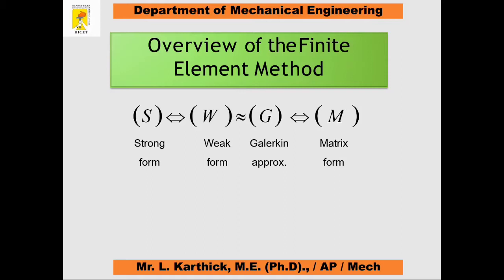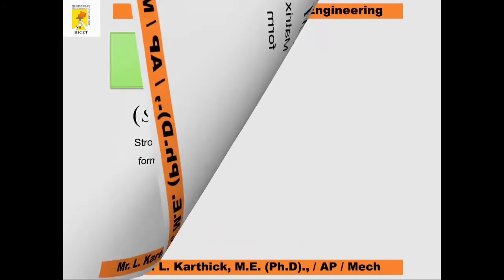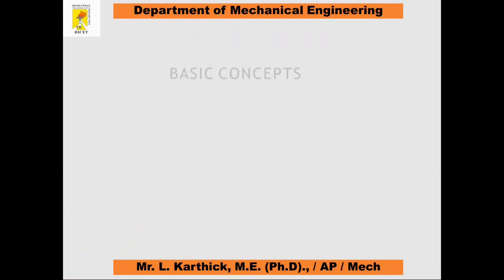We have two approaches, either the Galerkin approach or the Rayleigh-Ritz method, and finally it is put in matrix form. So what is meant by the Galerkin approach and the Rayleigh-Ritz method, and where do we use them? We will see one by one.